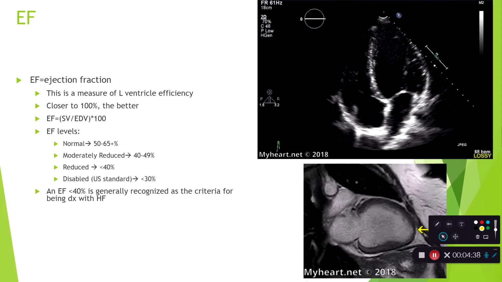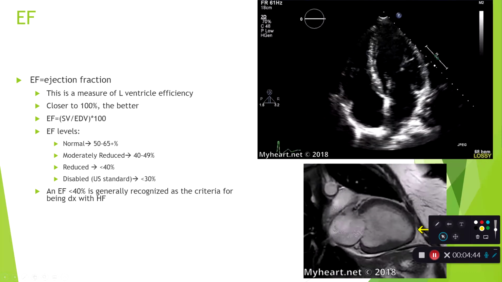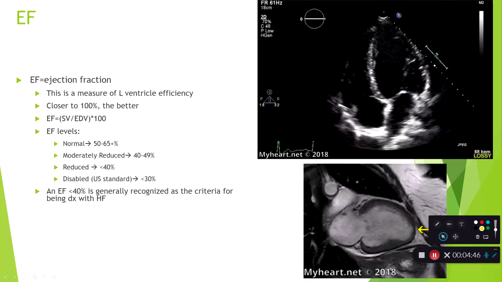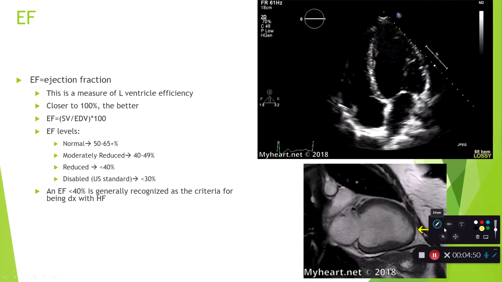Ejection fraction is a measure of how efficient our heart is. When you are measuring your ejection fraction, this is a percentage of how much blood gets ejected from the left ventricle.